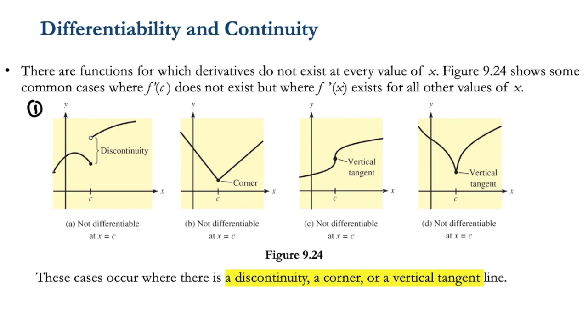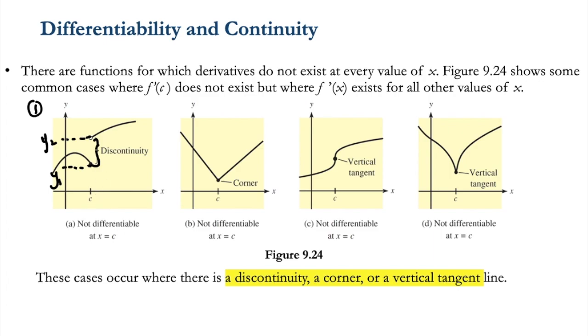You see the value of x, which is c, is here. Before c, you can see the graph is continuous. But at c, one value of y is here, let's call it y1. Another value of y is here, let's call it y2. So you have two values of y here, and you can see the gap. Therefore, we have discontinuity for this graph at point c, at x equal to c.